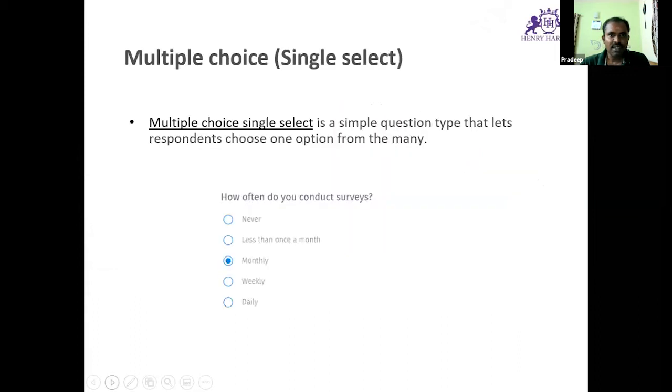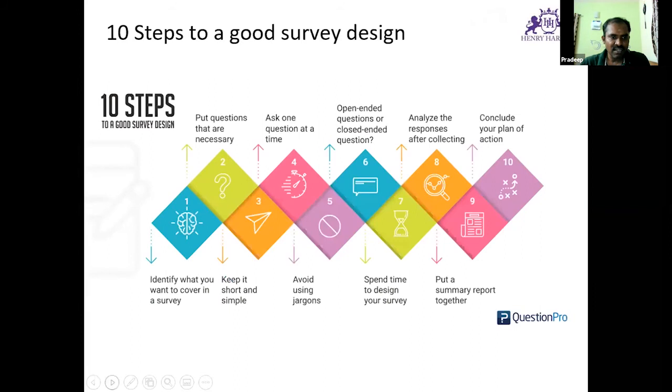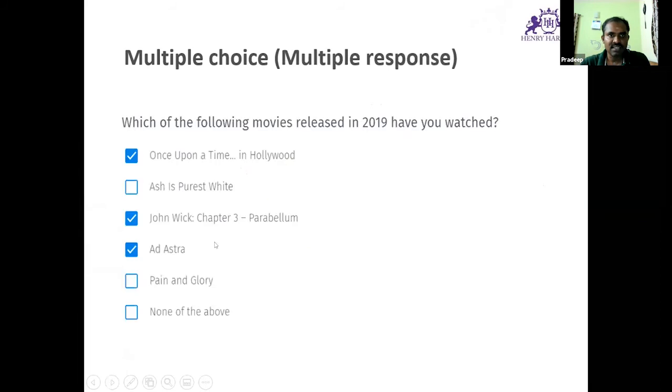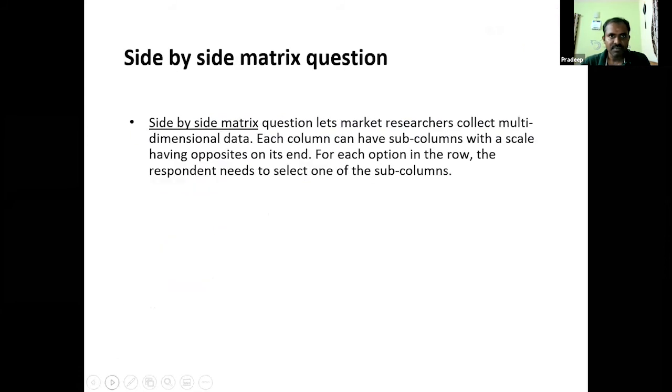There are different kinds of questions. One is multiple choice select: you may have 5 choices and you select only one. That is one kind of question in surveys. You can have multiple responses. For example, for customer satisfaction, there can be multiple responses: the product, the behavior of the salesperson, the environment. You can capture multiple responses.